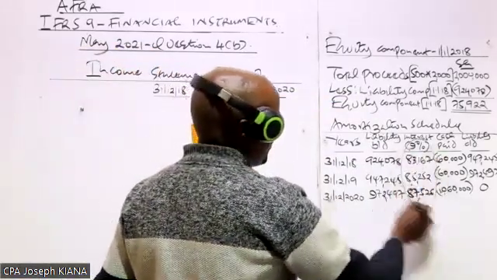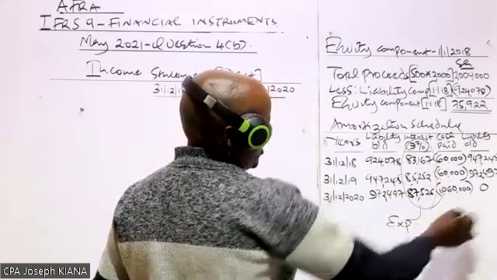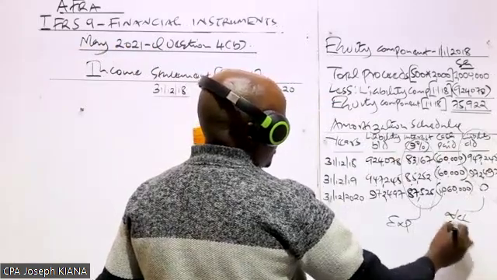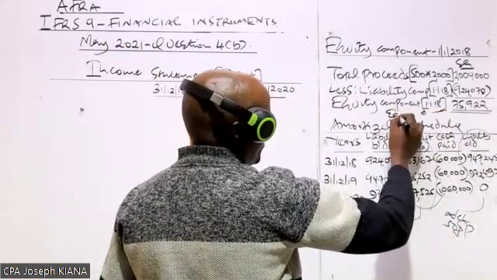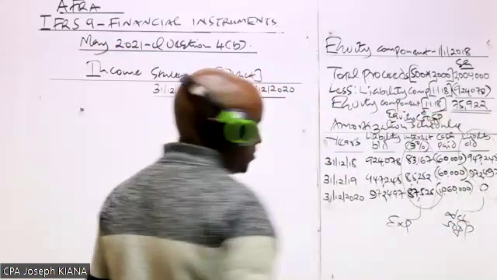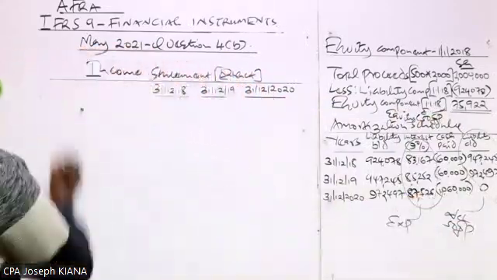You see this interest here? This interest should be recognized as an expense in the income statement. This liability here will be recognized as a non-current liability in the statement of financial position. And this equity component will be recognized as a component of equity in the statement of financial position, but in the income statement, only one item, this interest here.